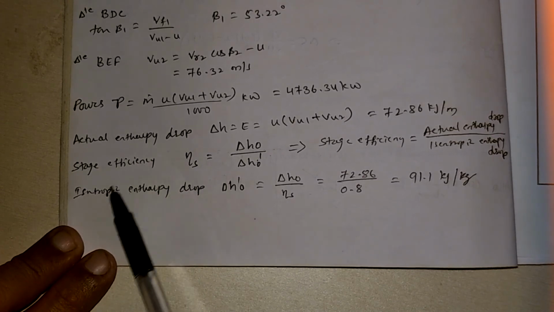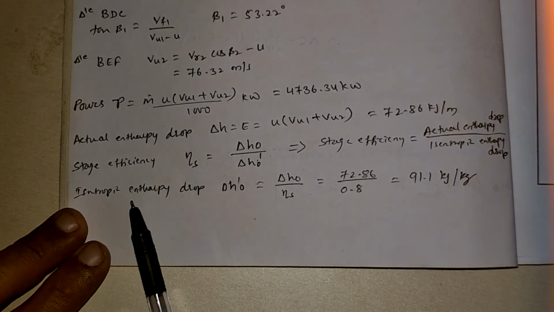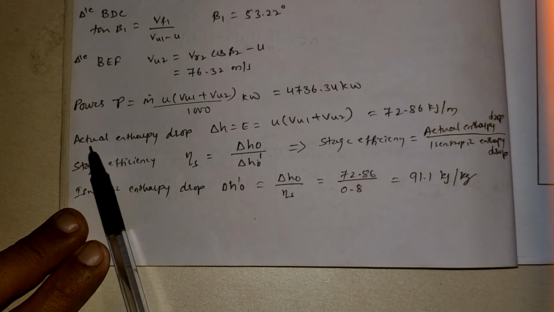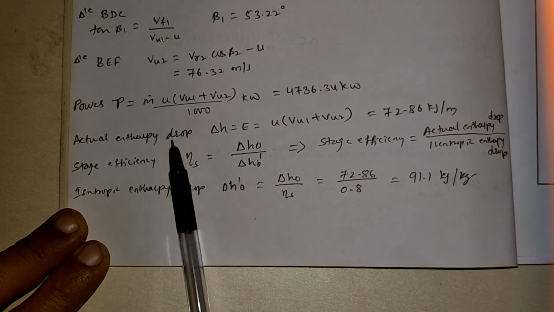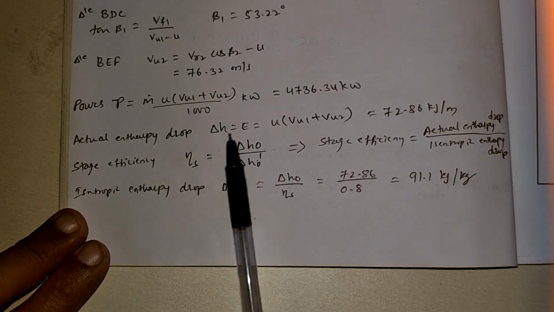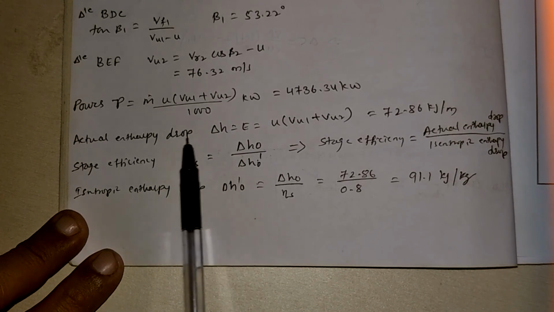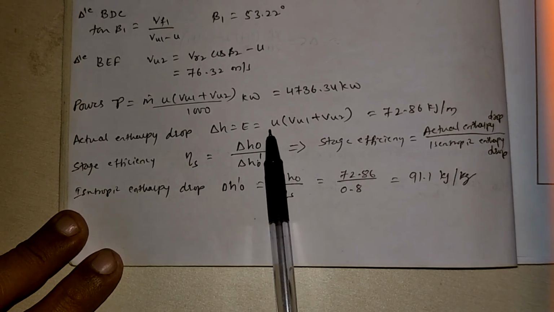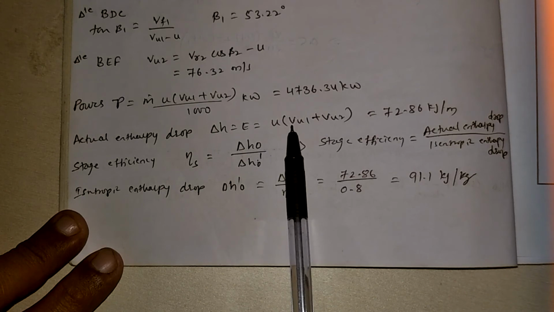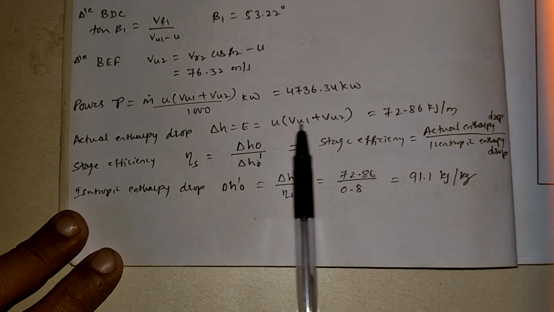Then we need to calculate the actual enthalpy drop. So actual enthalpy drop is given by delta H is equal to, that is nothing but work done. Actual enthalpy drop is nothing but work done. So work done is equal to U into bracket VU1 plus VU2. So just substitute the value.